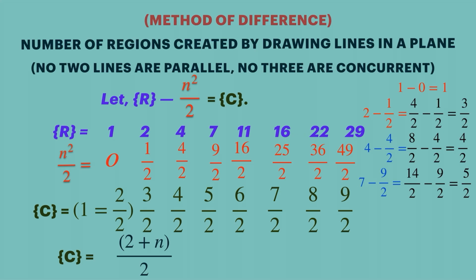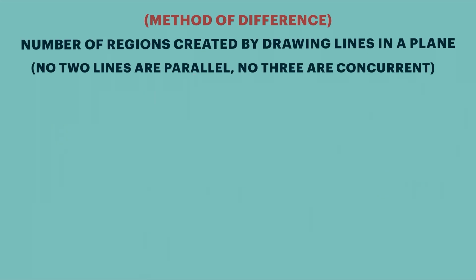Now put this value of C in the equation: sequence R minus n square by 2 is equal to C.